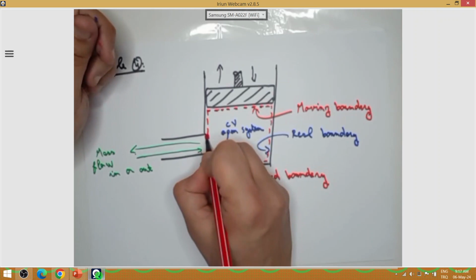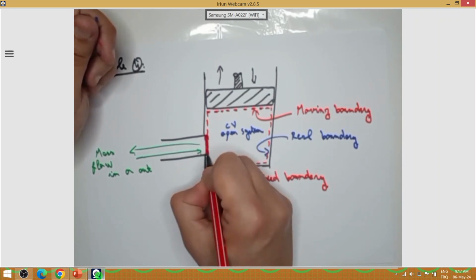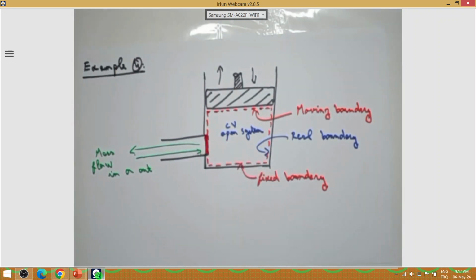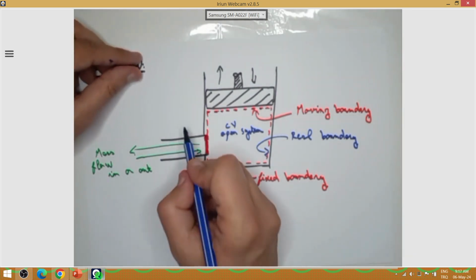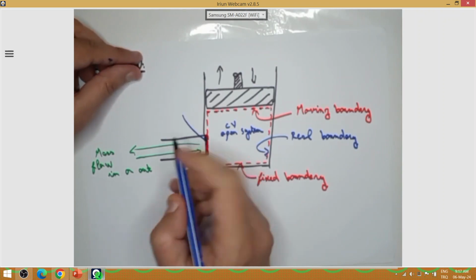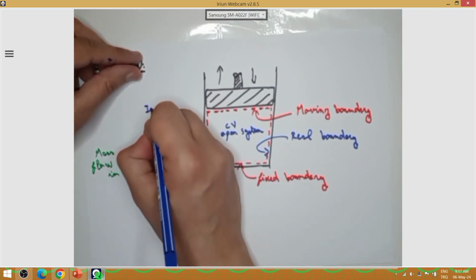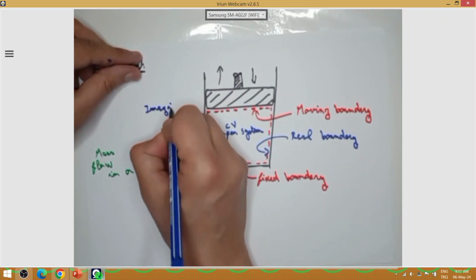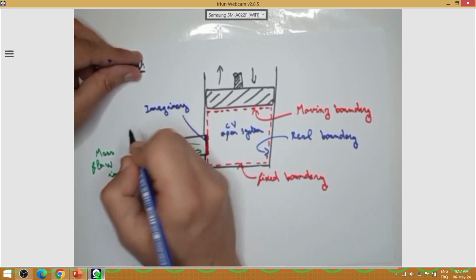This part of the boundary, from here to here, is just imaginary. So this is an imaginary boundary.